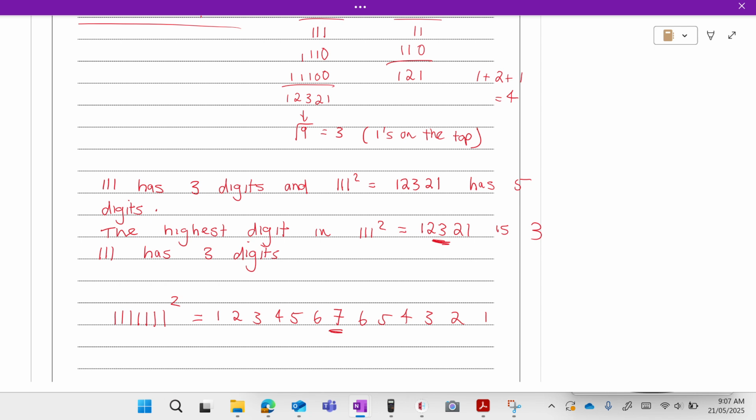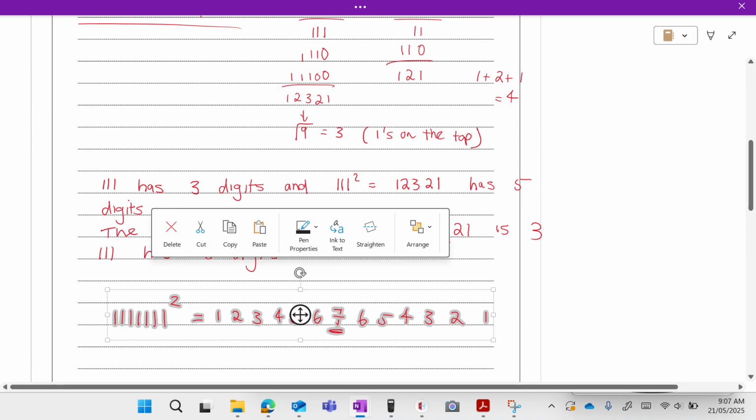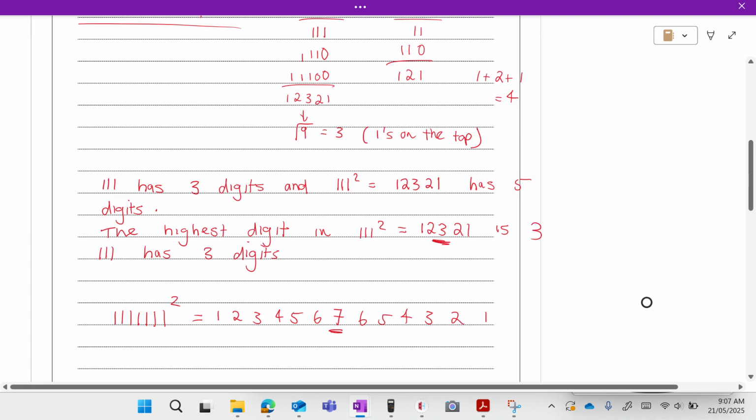Yes. So following that pattern, 1,111,111 squared is that massive number there.